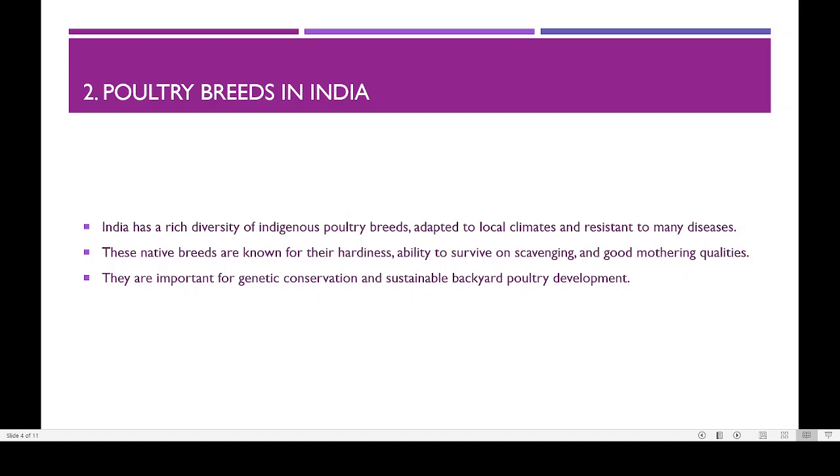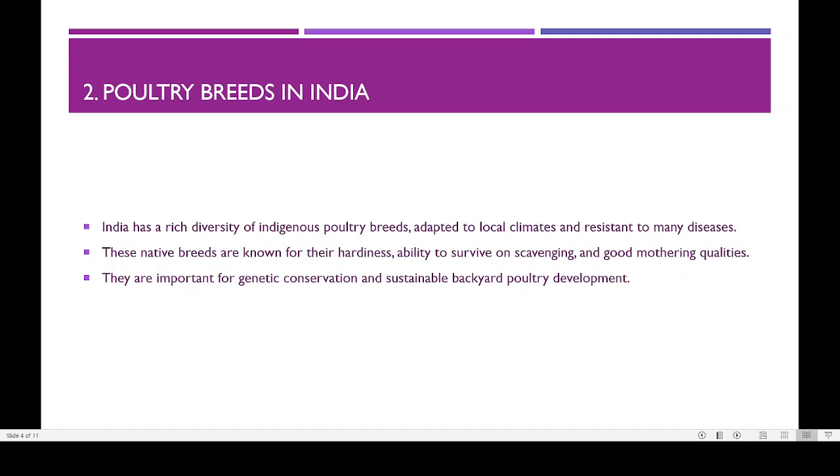That activity is known as scavenging, and they also have good mothering qualities. So these are some of the advantages of our native hen. They are important for genetic conservation and sustainable backyard poultry development.